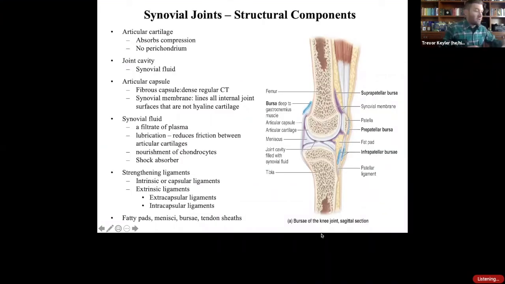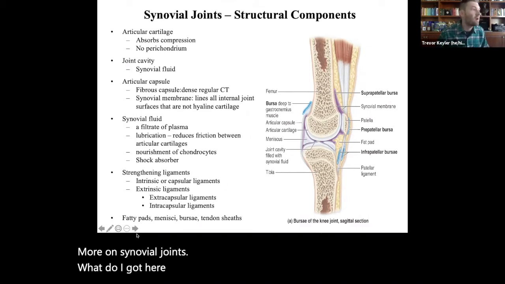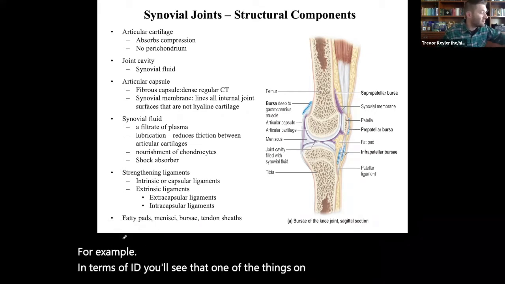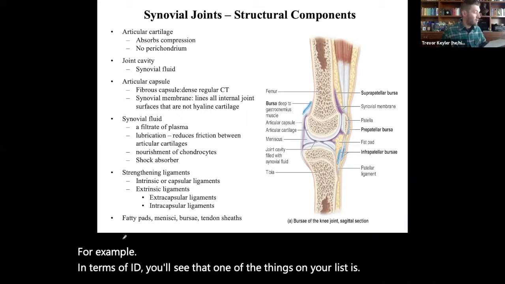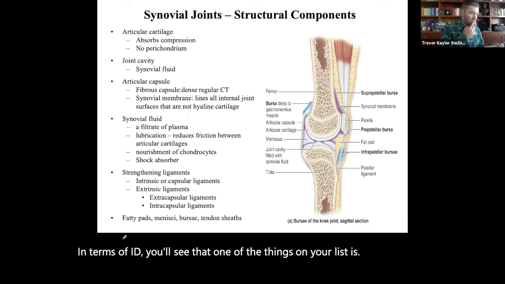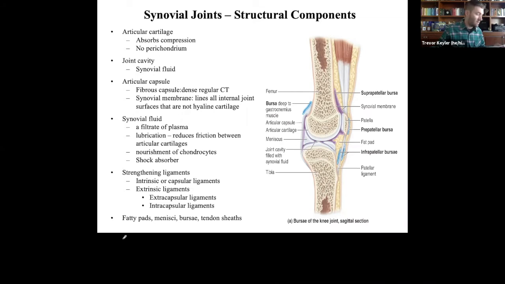More on synovial joints. So for example, in terms of ID, one of the things on your list is: describe the basic structure of fibrous, cartilaginous, and synovial joints.